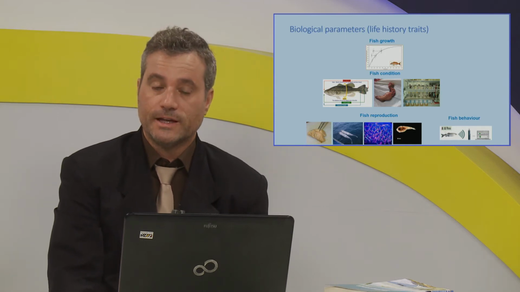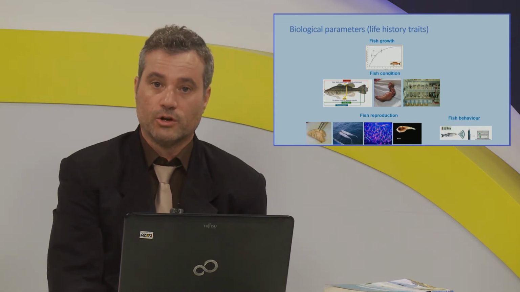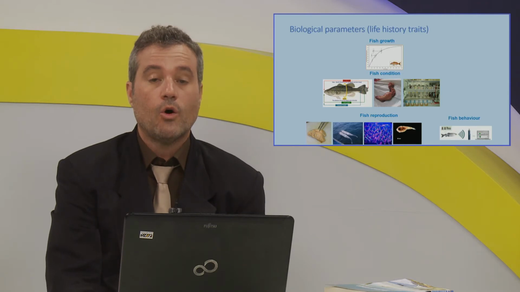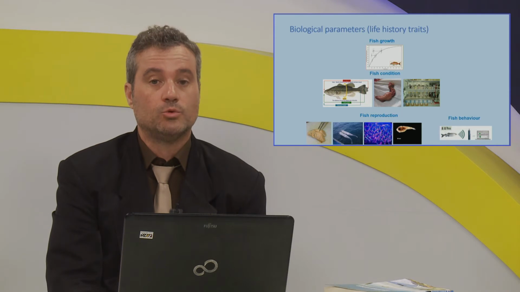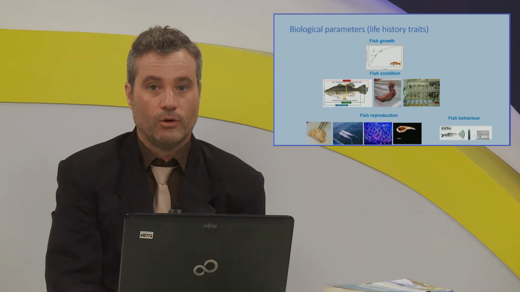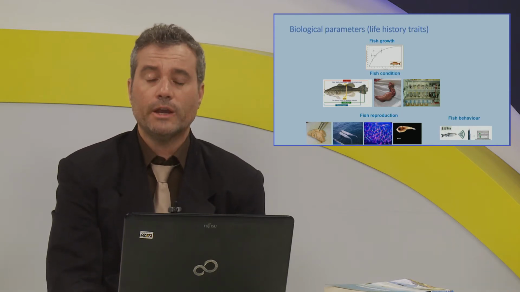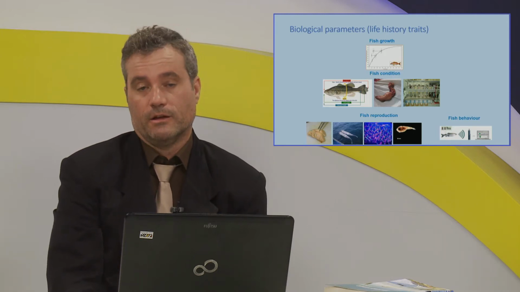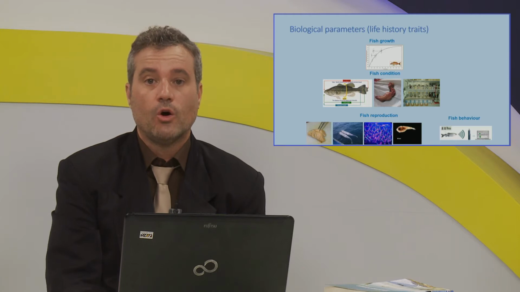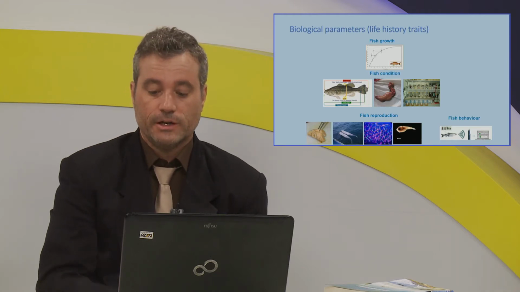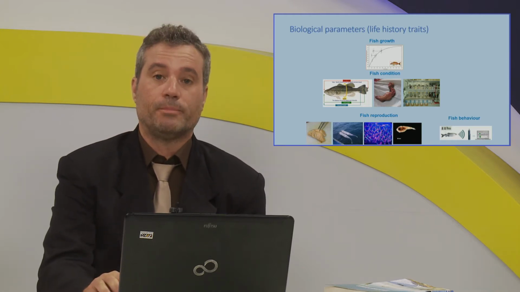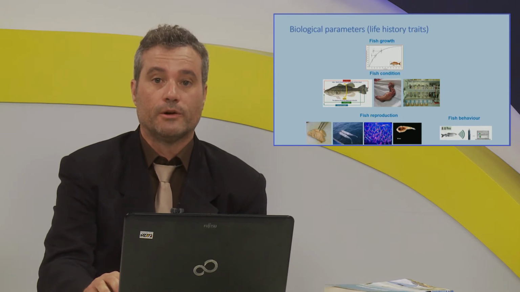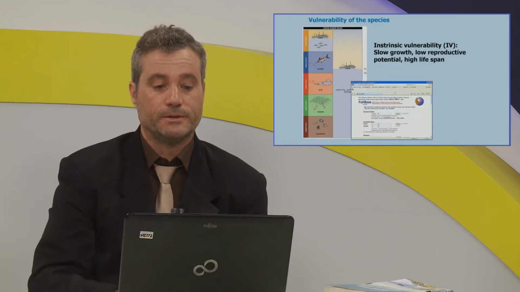You can study the gonads through histological analysis, or you can do ichthyoplankton surveys to analyze the larvae of the fish. We can also track fish behavior through different methods like telemetry or underwater cameras. These biological parameters are important in modern fisheries management.